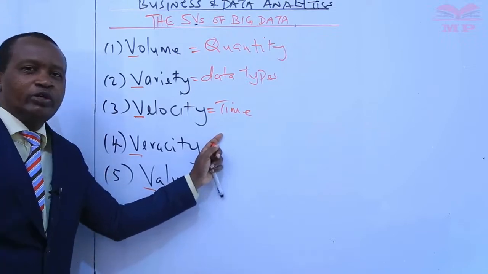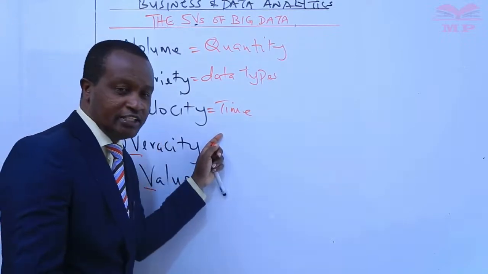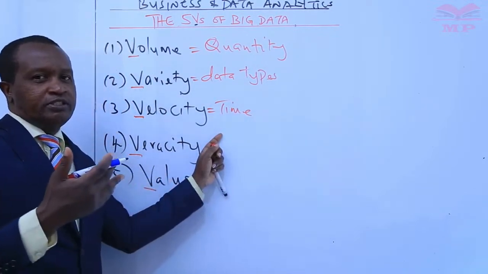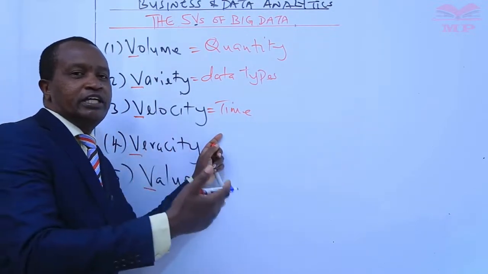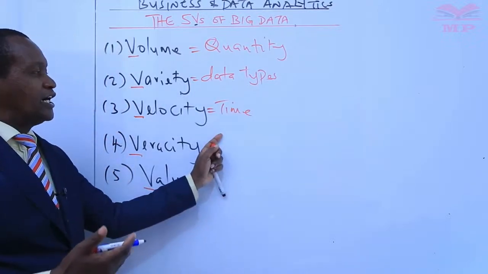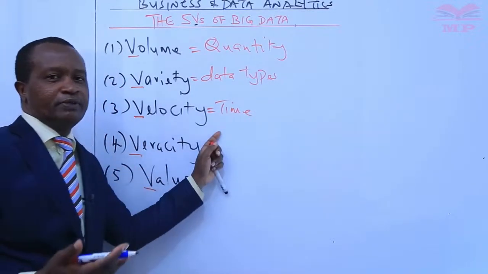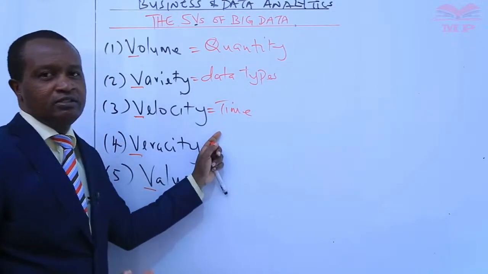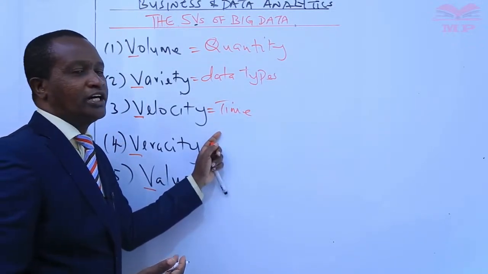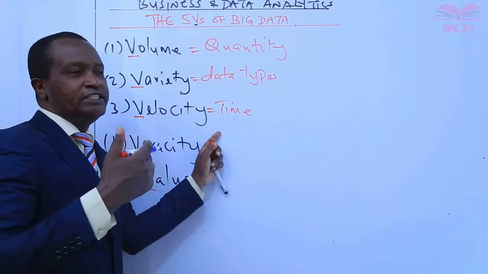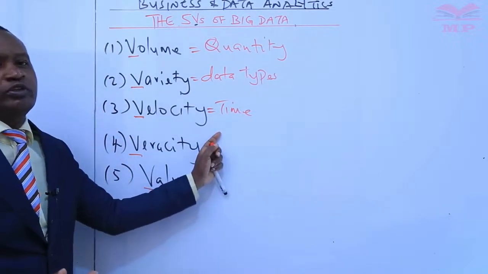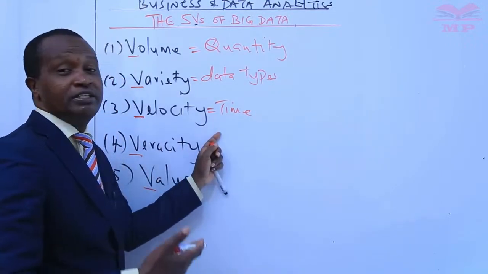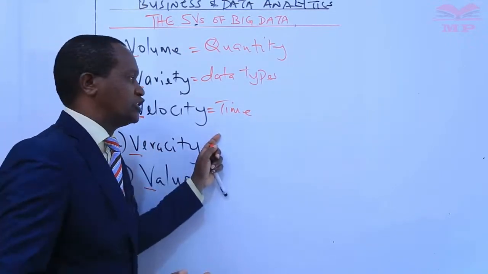It refers to how quickly data is generated and how quickly data moves from point A to point B. And velocity is an important aspect for companies that need data to move quickly. There may be a need for quick data flow so that such data is available at the right time to make the best business decisions possible.